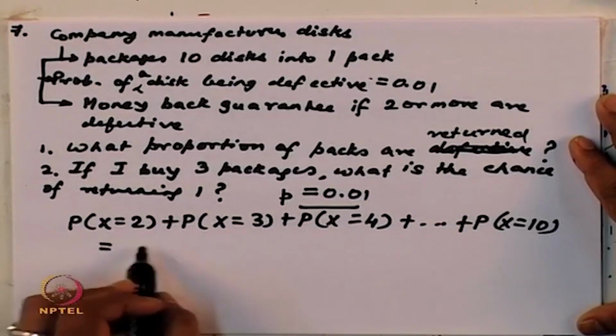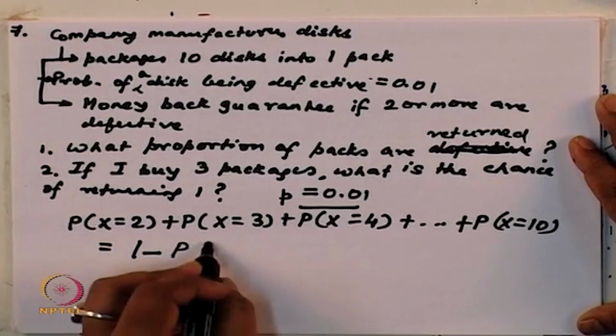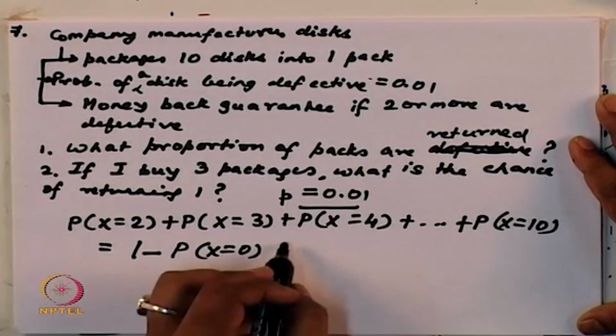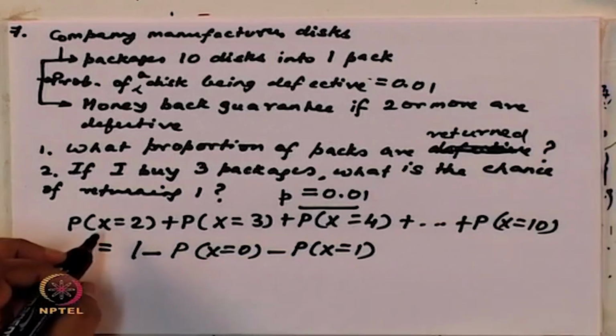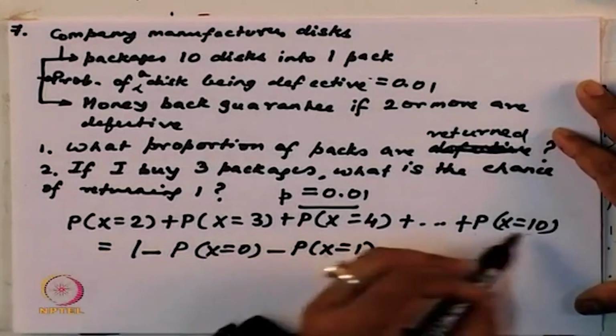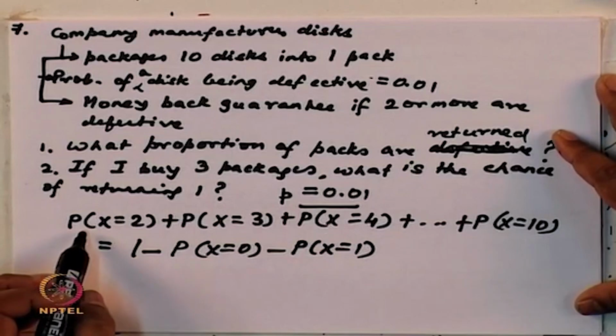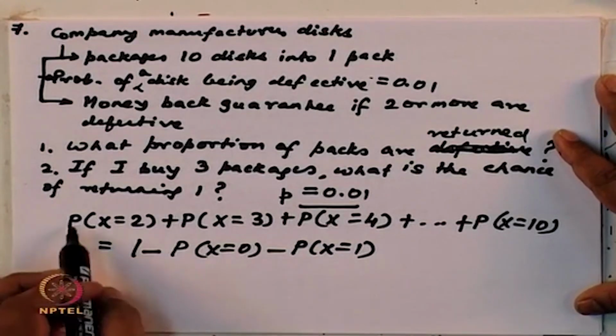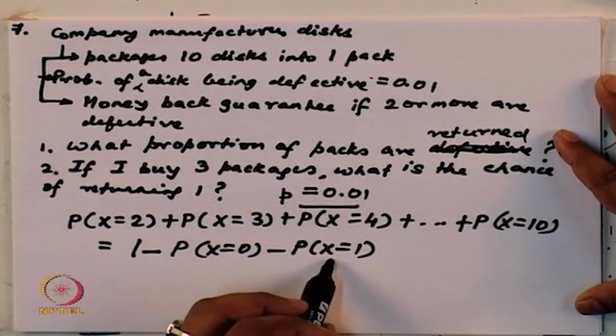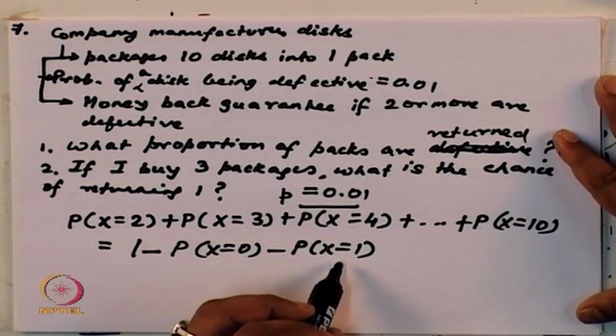Okay. So if x is the number of defective pieces, for all these cases you have to return. For these cases you do not have to return. So this is nothing but 1 minus the probability of x equal to 0 minus the probability of x equal to 1.